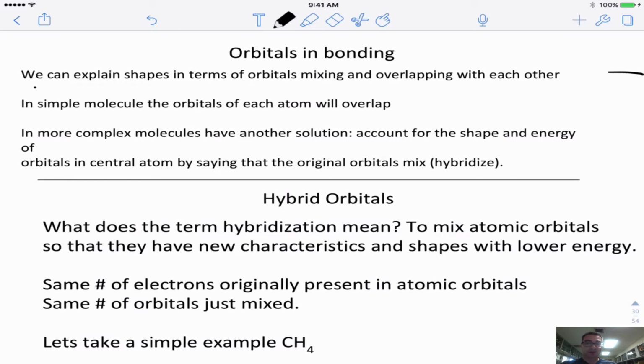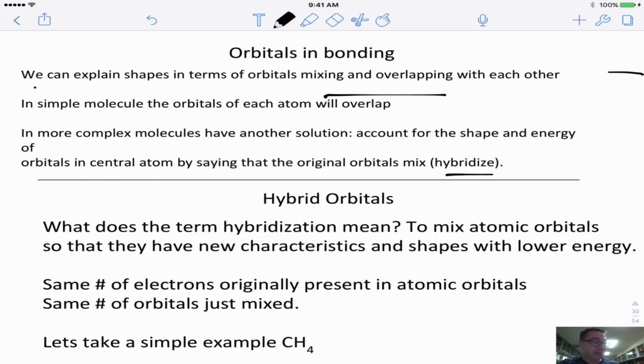So the orbitals start off where they are atomic orbitals, and then as they bond, they form something called molecular orbitals. Now, the orbitals will mix. They'll mix, and they'll also change shape and change the amount of energy that they have. And this process of mixing and overlapping is considered what's known as hybridization.